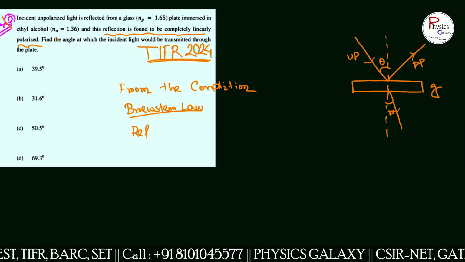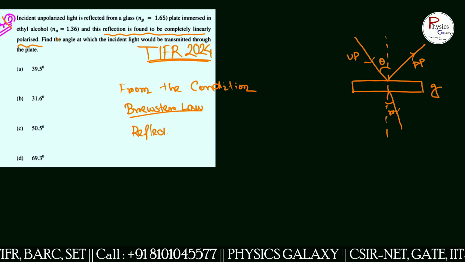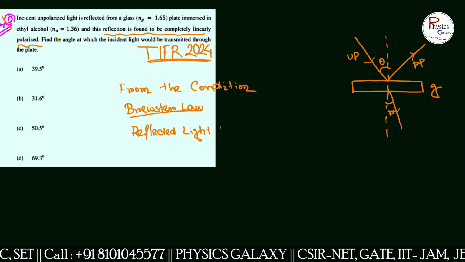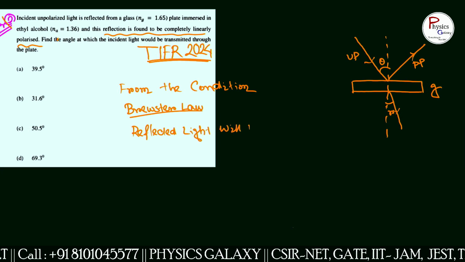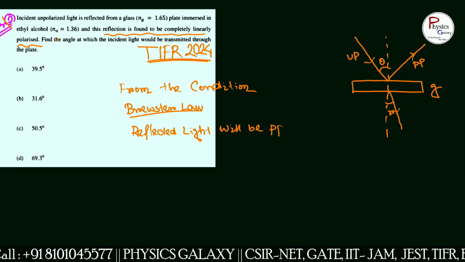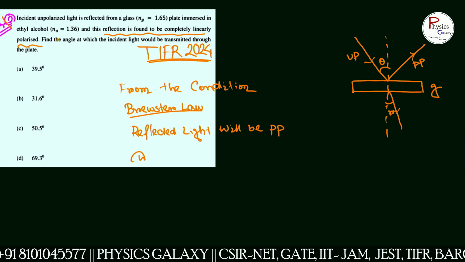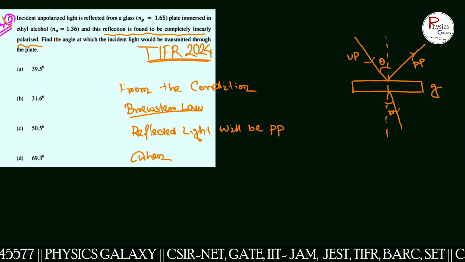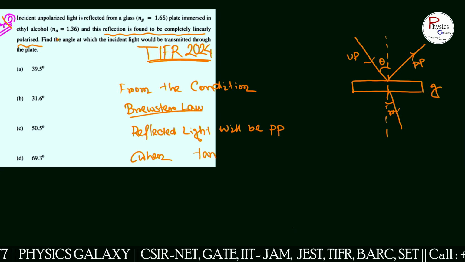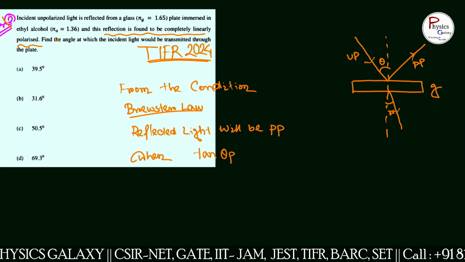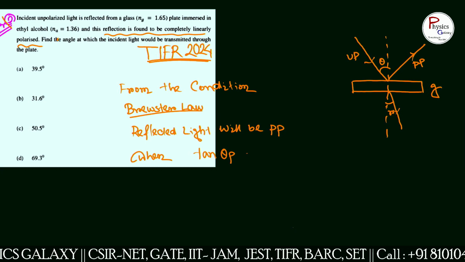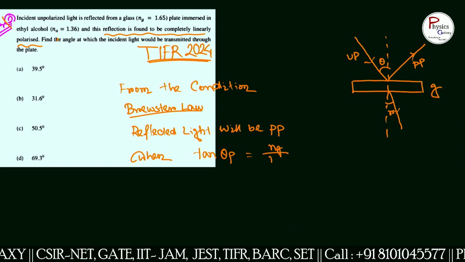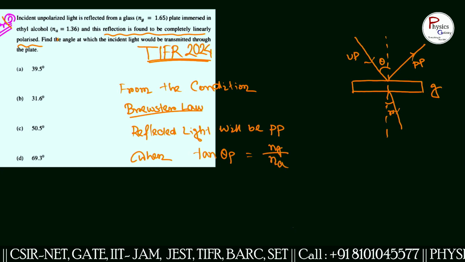when tan of the incidence angle, tan of theta p, where theta p is the Brewster angle, equals the refractive index of the glass by the refractive index of the medium.